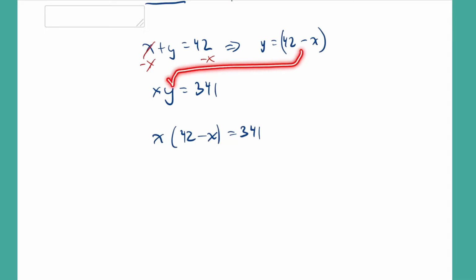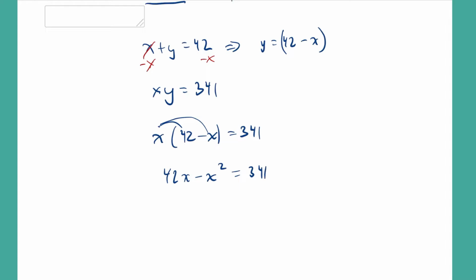I substituted there. Now I need to distribute and solve this quadratic equation. So we have 42x minus x squared equals 341. And notice I have a quadratic, so I want to make one side equal to 0. I'm going to bring these two terms over to the right side.